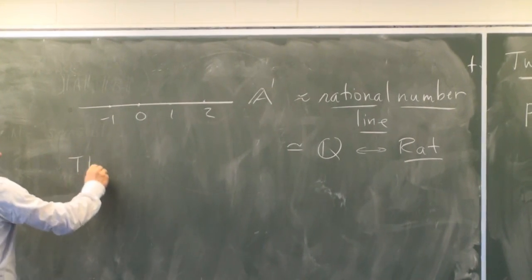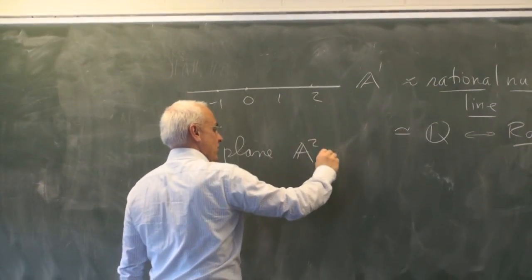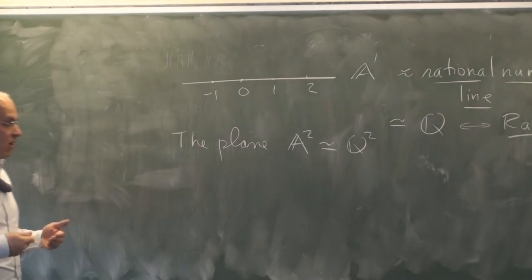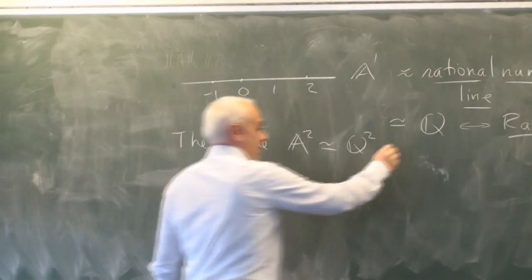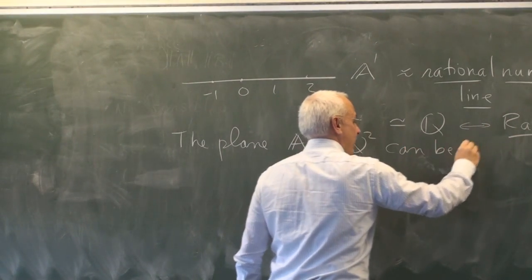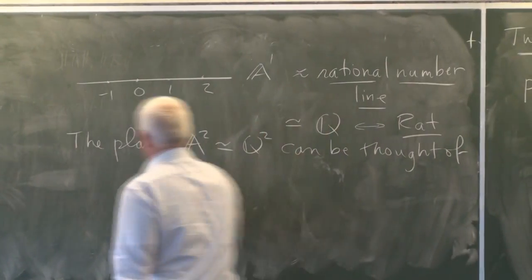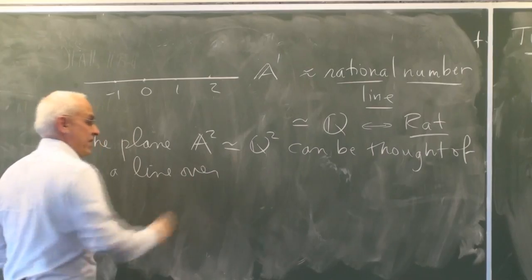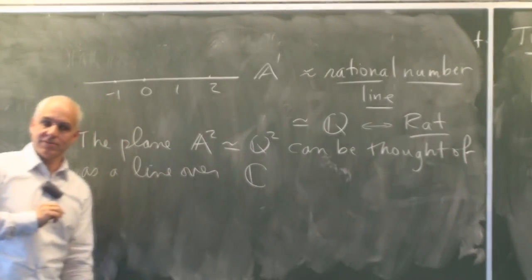Okay, so now I bring this up because there's another way of thinking about the plane as another line. So the plane A2, which is now for us most of the time really the same as Q2, can also be thought of as a line over a bigger field, over the complex numbers.